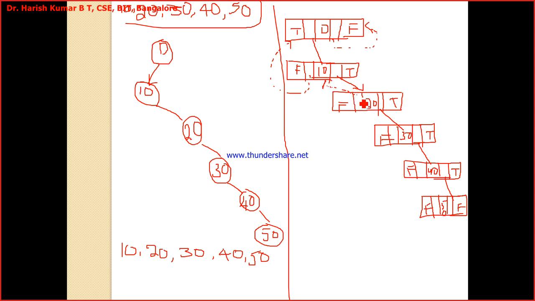Then a null pointer here again, and before 30 is 20. Before 40 is 30. Before 50 is 40. And the null pointers on the right should point back to your dummy node. Have all of you written the same?